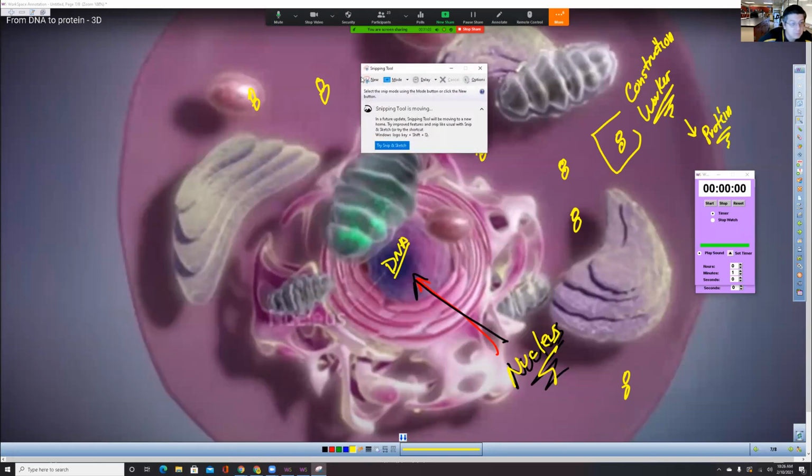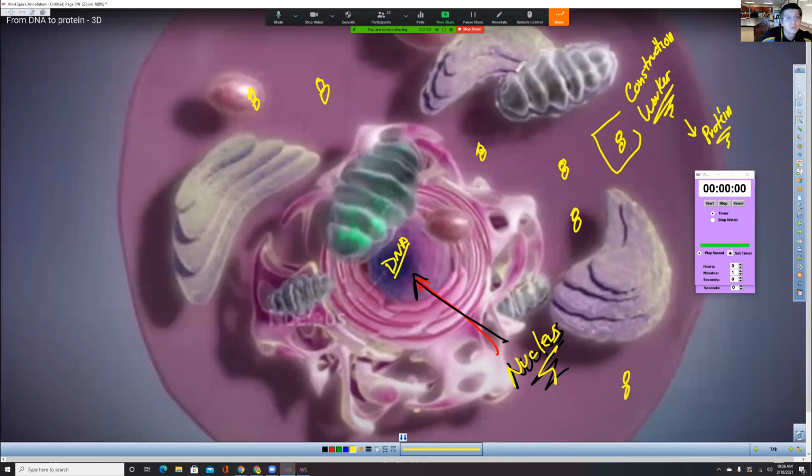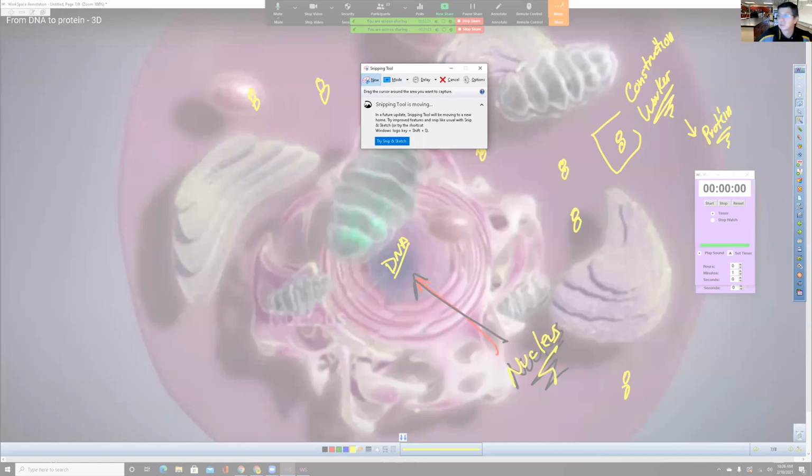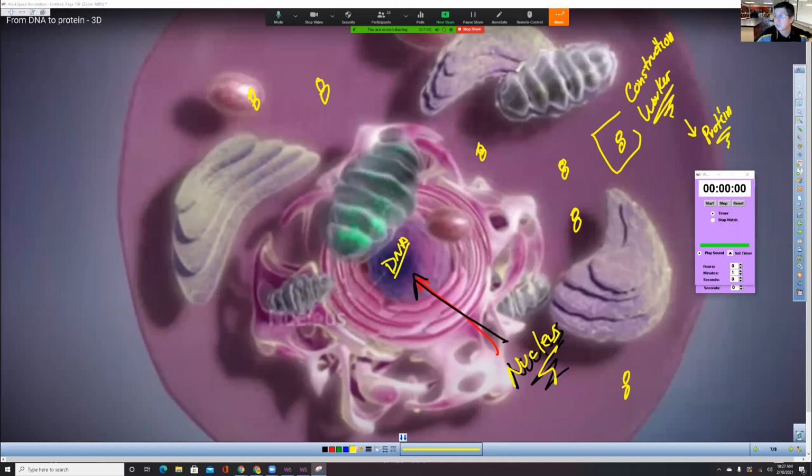Let's take a shot of this guy right here and copy him. Let's put him over here. Here's the ribosome, and we're going to call him Ethan the ribosome. See that? There's Ethan.